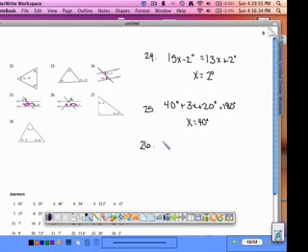So for problem 26, we can write the equation 45 degrees plus 2x plus 5 degrees is equal to 180 degrees. After solving this equation, you should get x is equal to 65 degrees. Pause the video and complete 26 now.